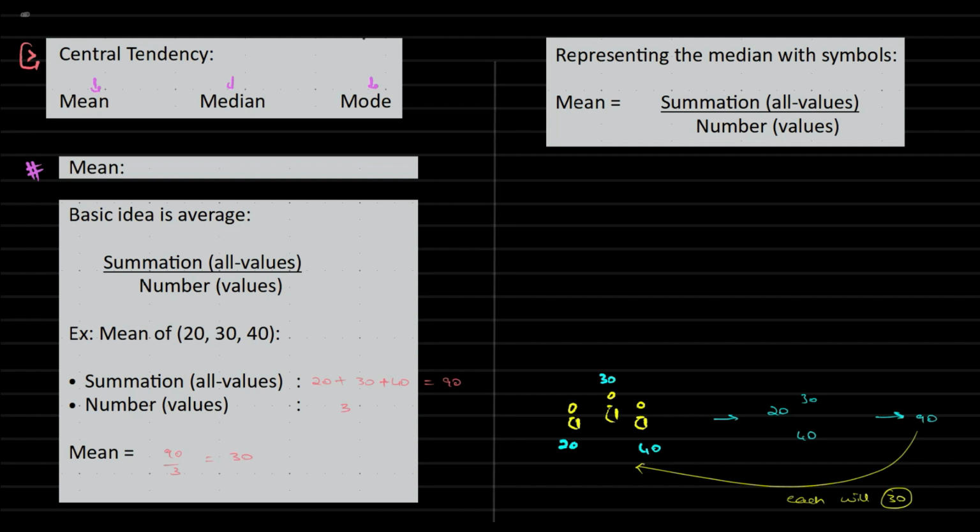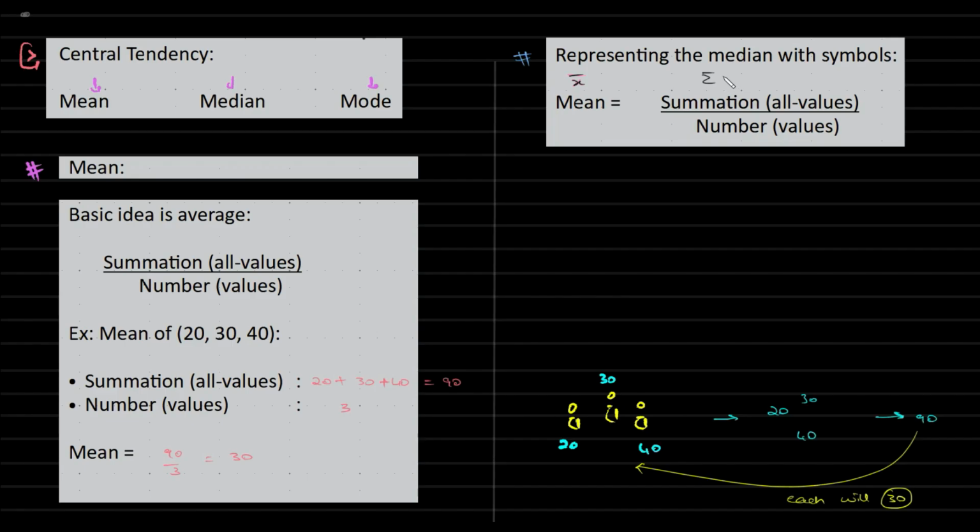Okay, so this is mean, that's it. There's nothing fancy about it. It's very simple, straightforward. Then how do you represent this? Mean is generally represented as x bar. Summation of all values, we represent in this manner.